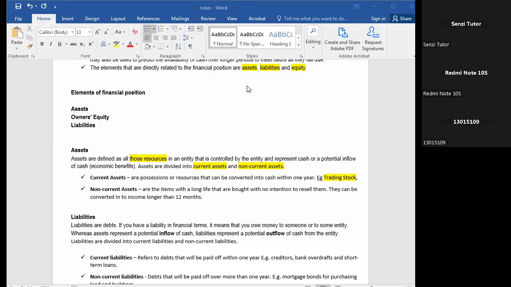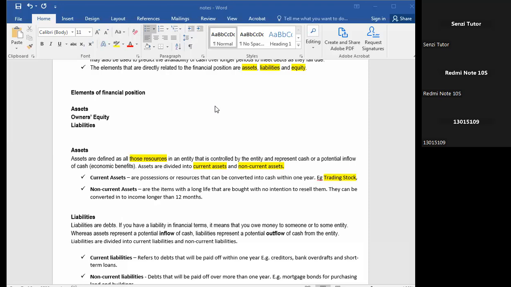Another example is debtors. Now, what are debtors? Debtors are the people who buy goods and services on credit from the enterprise. Therefore, the business can sell goods and services on credit to its customers. People who buy goods and services on credit from us, we call them debtors.